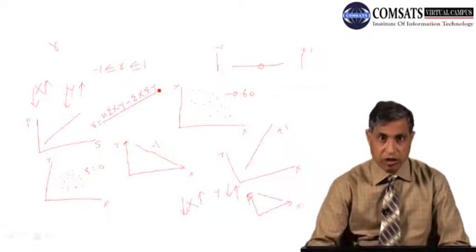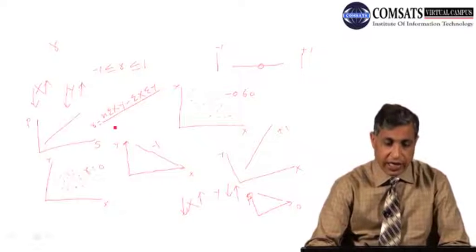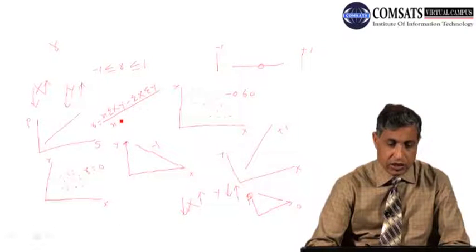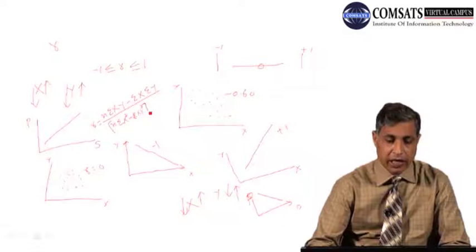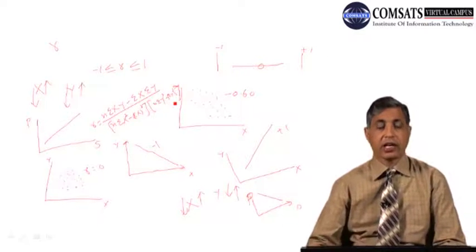This term is the numerator, and in the denominator it is n summation x square minus summation x whole square, multiplied by n summation y square minus summation y whole square, and this is the bracket.